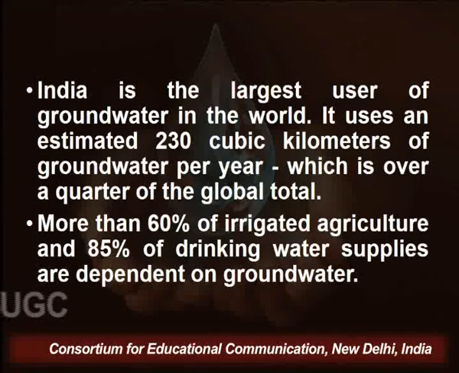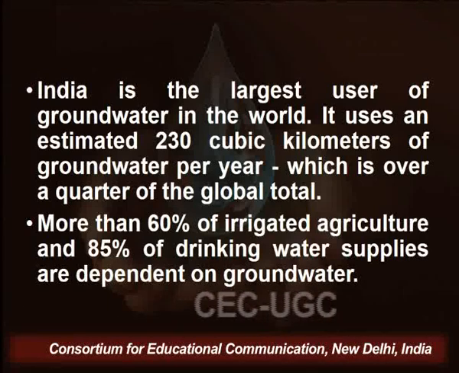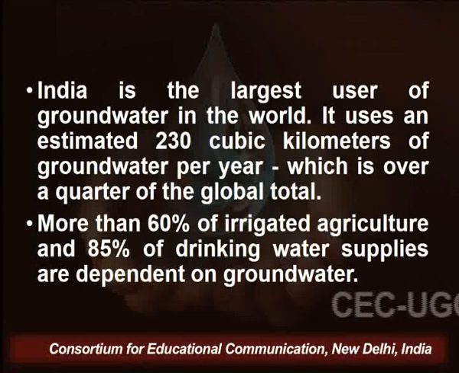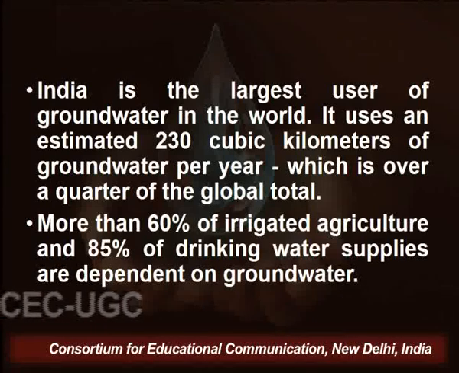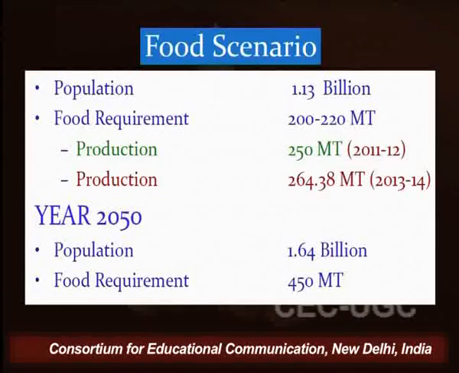Out of the water that we are using, more than 60% is used for irrigated agriculture, and 85% of drinking water supplies are dependent on groundwater. Now, if we look at the food scenario, which includes production and population, what do we find?